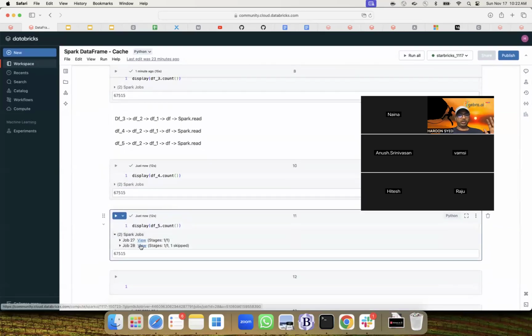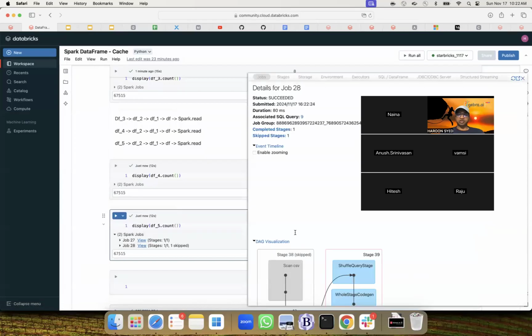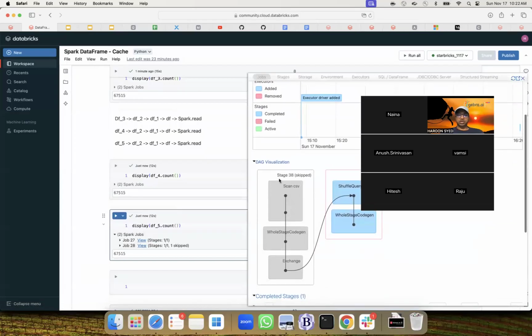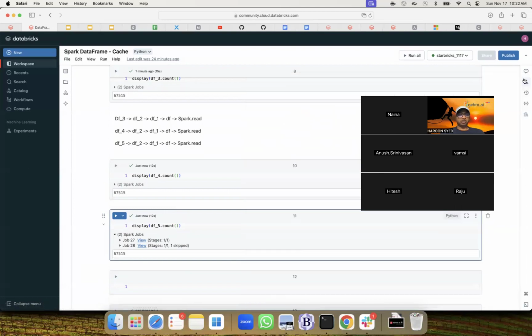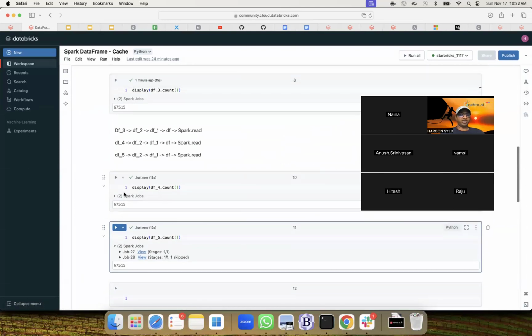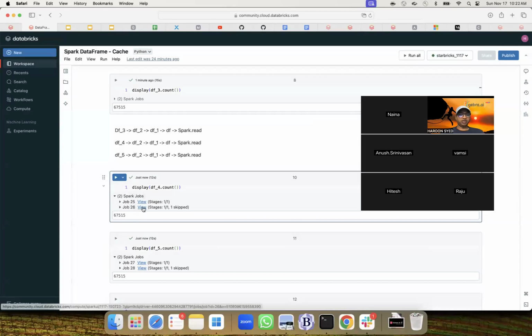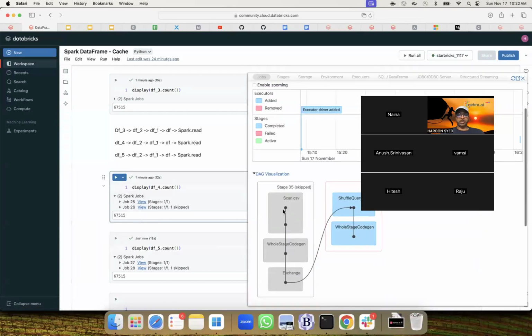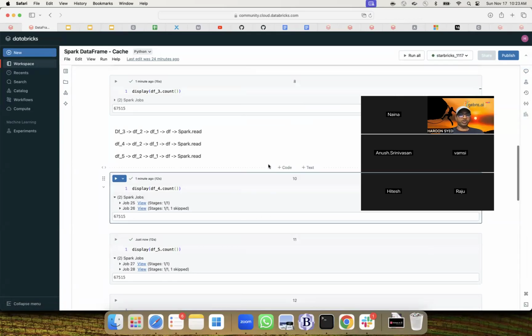Yes. Look at the DAG. So all of this and this. Shuffle. All black dots, okay? Look at this DAG. Same thing, all black dots at each point where it is reading and processing.